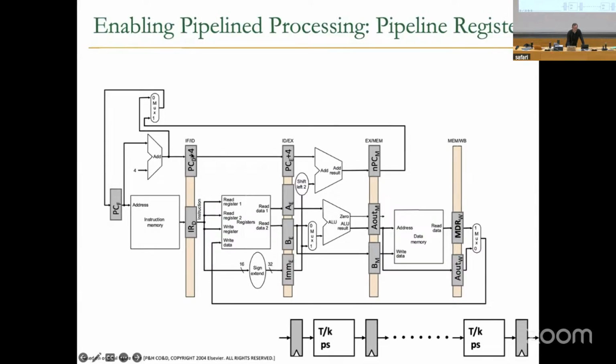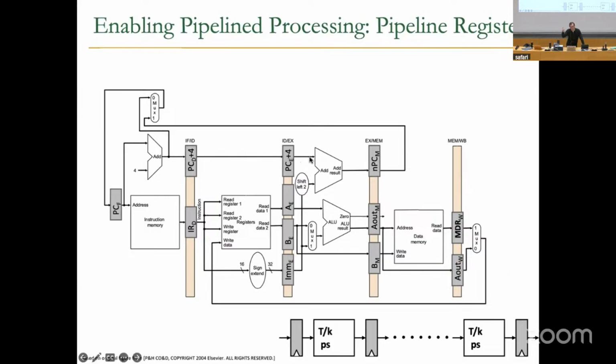So any data signal that you're going to need later on for the execution of the instruction, you should really propagate down the registers. So in the first cycle, you fetch this instruction. In the next cycle, you decode. In the decode stage, this PC+4 gets propagated directly to the next register, because you don't use it here. We're going to use it later on, actually, but you don't use it currently here.